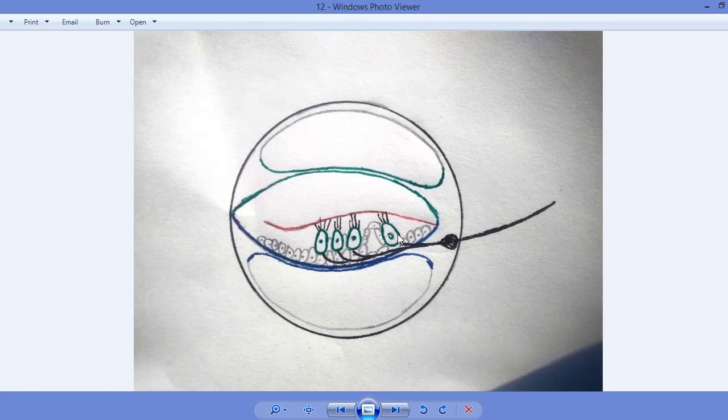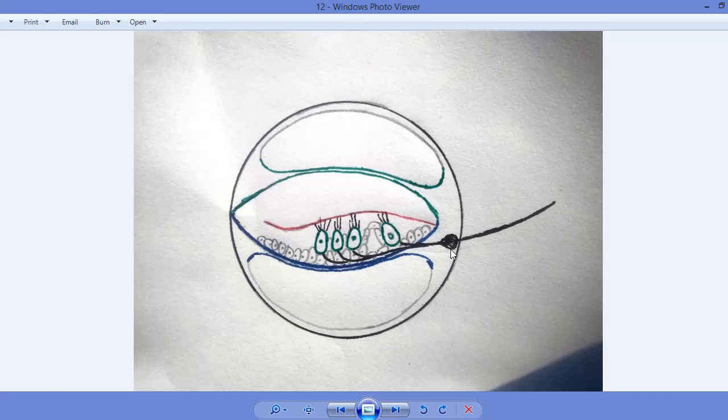One more thing very important: the inner hair cells are connected to 90% sensory neurons and 10% motor neurons, while the outer hair cells are connected with 90% motor neurons and 10% sensory neurons.